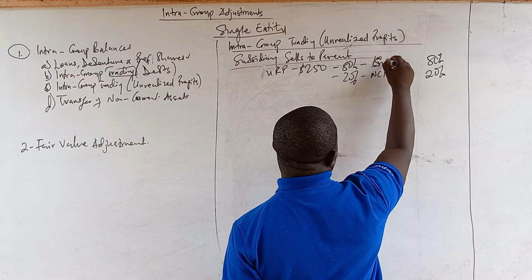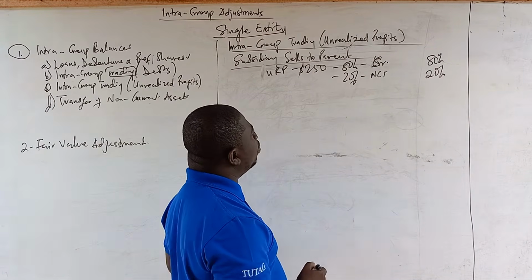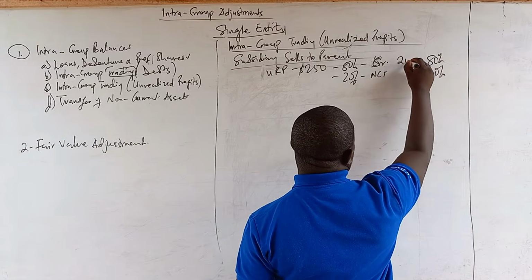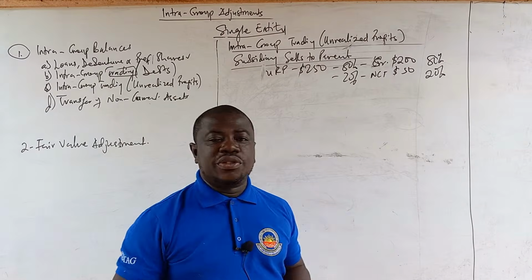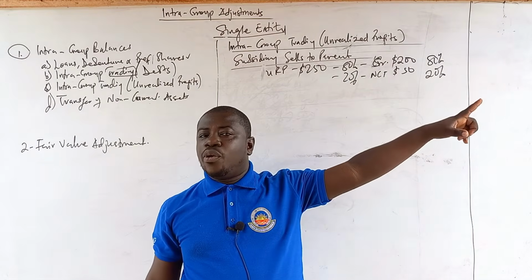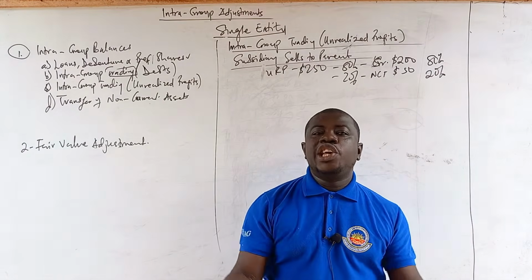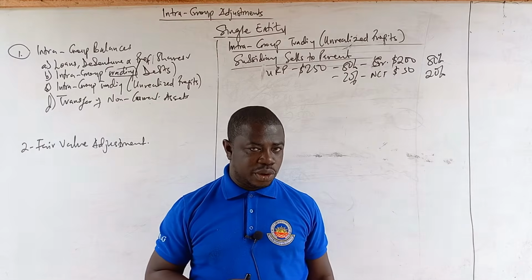So the group enjoys 80% and 20%. In that case, it's going to be $200 against $50. Now, what we are trying to say is that that profit that was not realized, NCI will have a share in that profit. And so when you are reversing, this time it will affect the calculation of NCI as well.